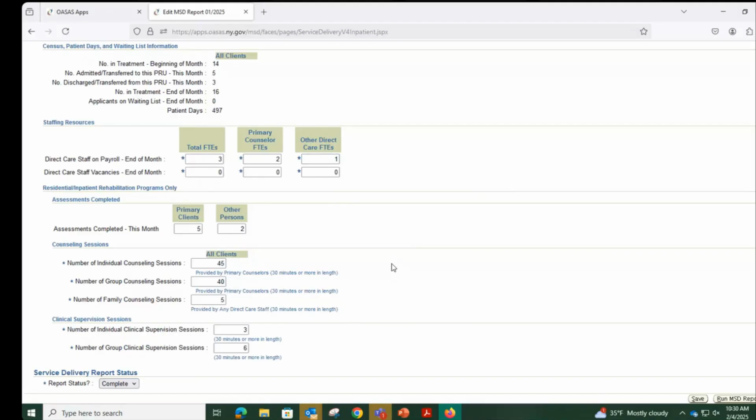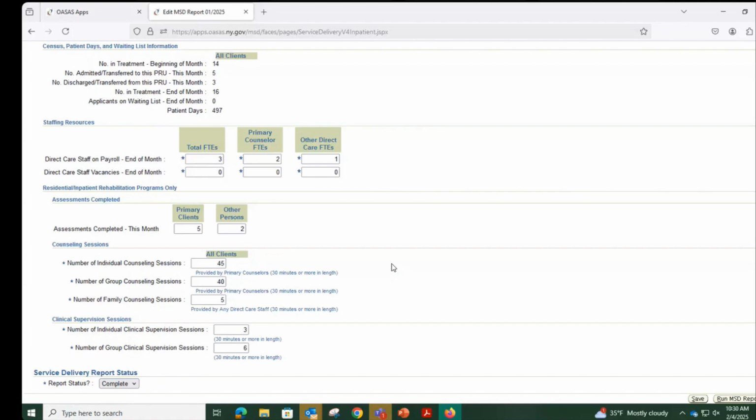Again, as Emily mentioned during the previous section, the MSD is a measurement of the effort and workload of your staff, and at this point they're measuring the workload of the primary counselors in direct care activities.